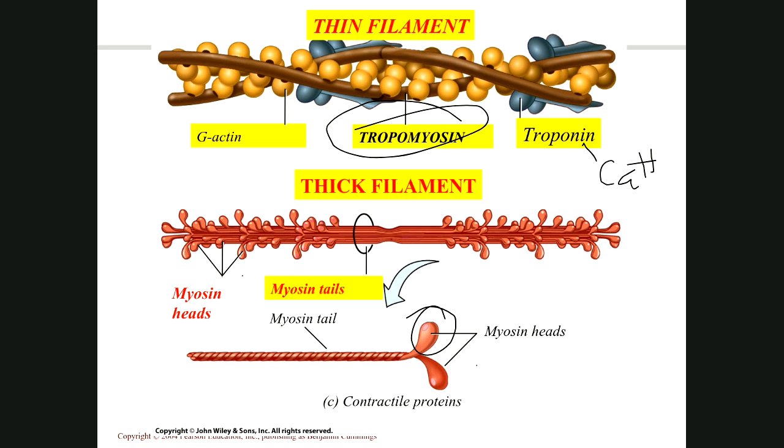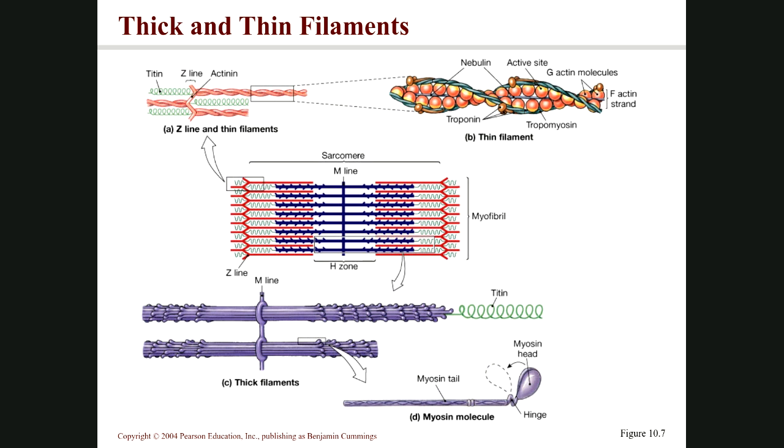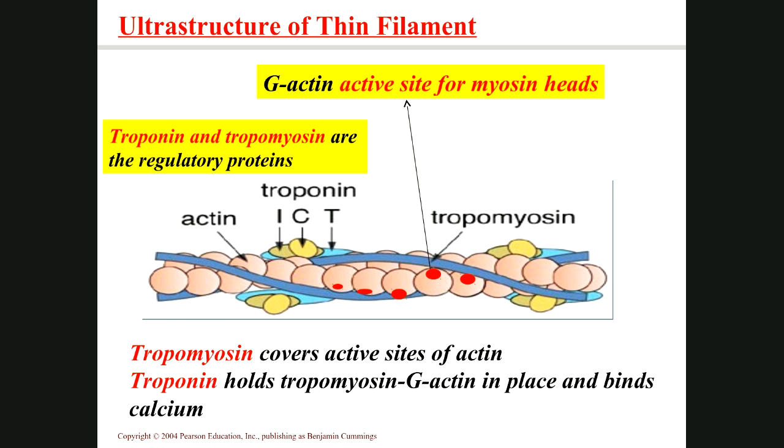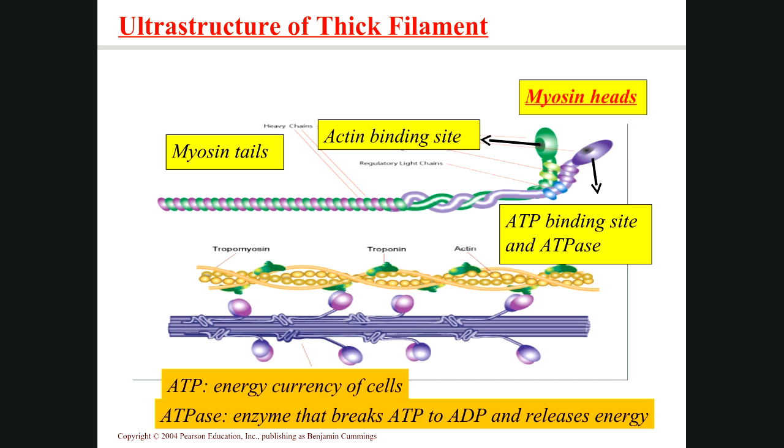So when the myosin head and actin bind, they create what we call a cross bridge. There we go, this is a cross bridge right there.